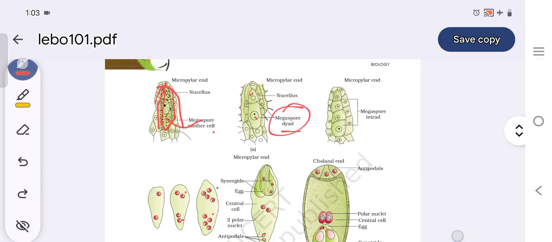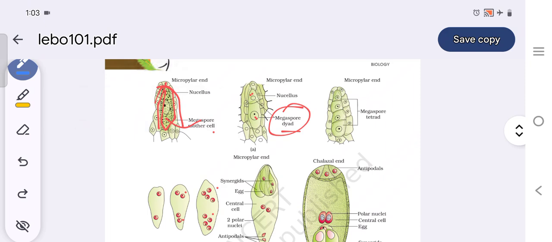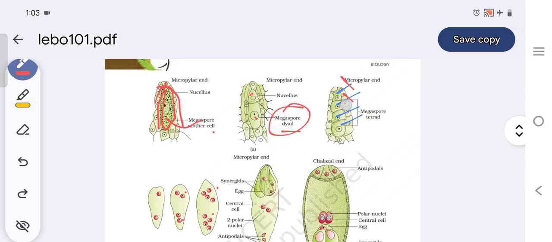I repeat, we have 4 megaspores here, 1, 2, 3, and 4, out of which 3 degenerate, and this one is developing. That is where the mitotic division would begin.